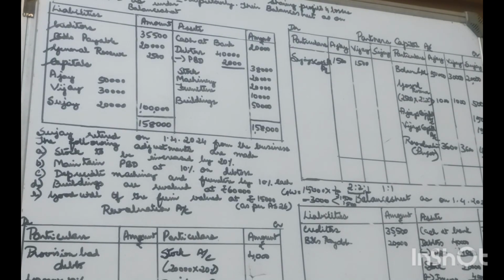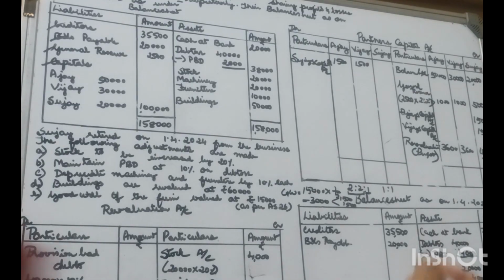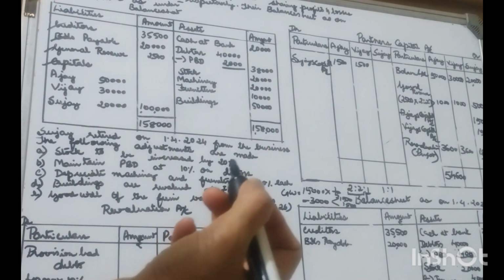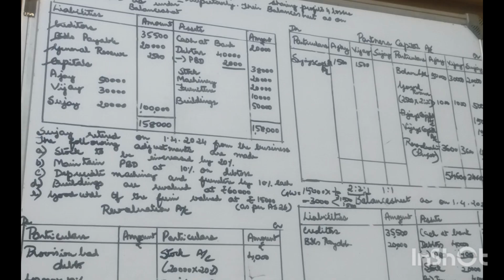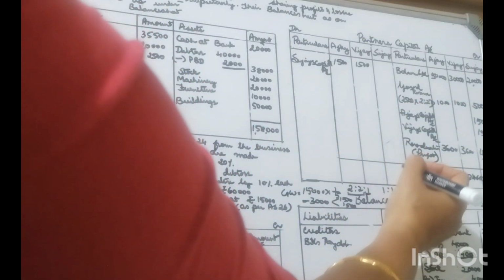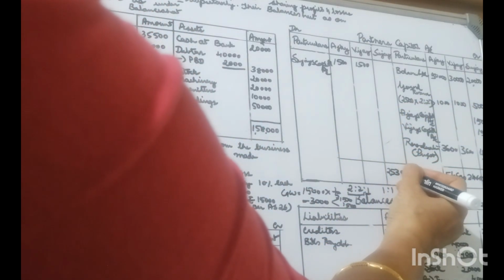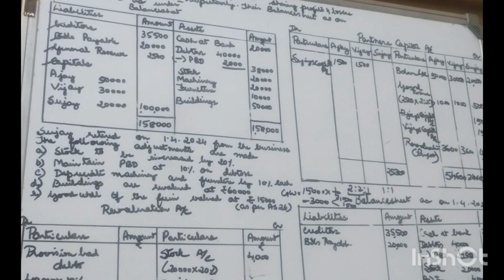So Ajay's total will be 54,600, next Vijay's total will be 34,600, and finally Sujay's total will be 25,300. Write the total under the debit side also.